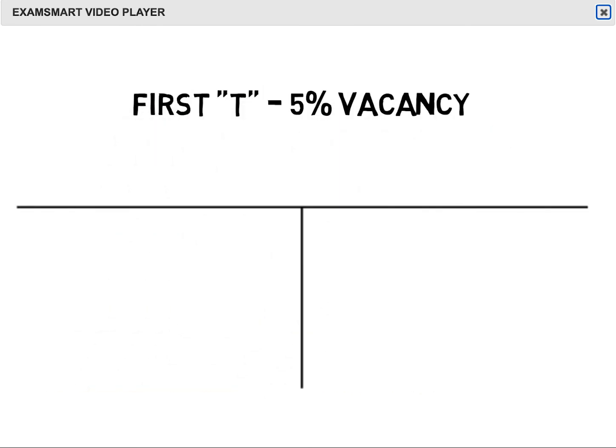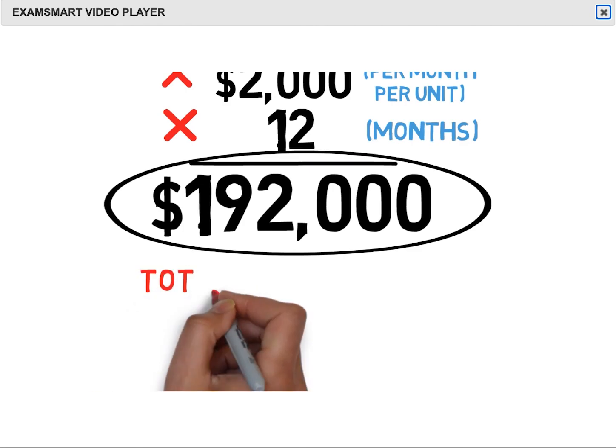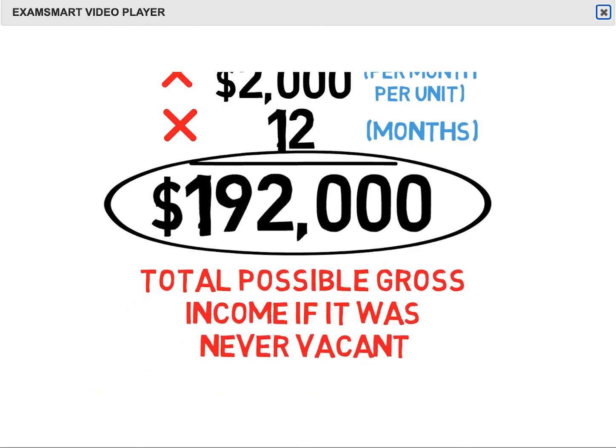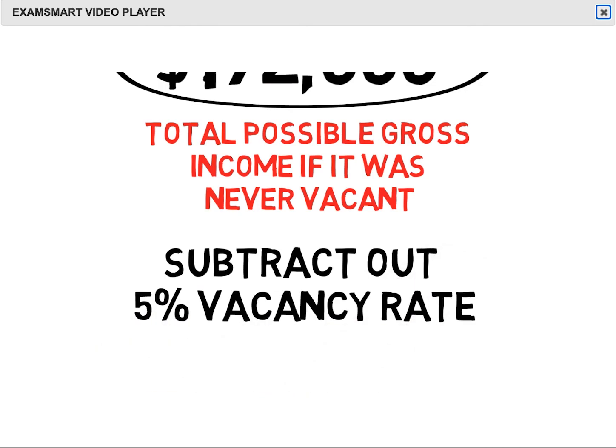Let's figure out that 5% vacancy, because the $192,000 would be the total possible gross income if it was never vacant. That is hardly ever the case. So if they give you a vacancy rate, you must use it, so we'll have to subtract out 5% for the vacancy.